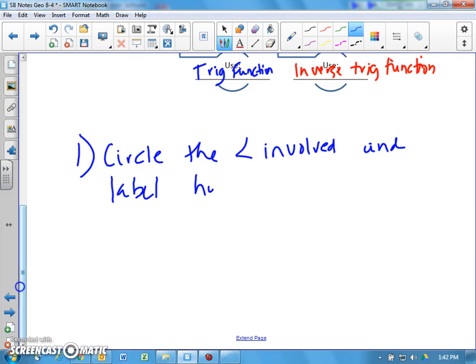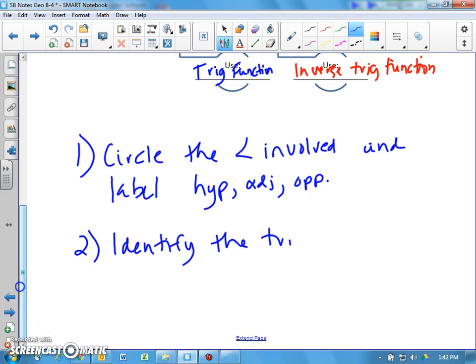So you're going to label your hypotenuse, your adjacent side, and your opposite side. Your next step, once you've done all of your labeling, is to think about what you need. You're going to want to identify the trig function that you're going to use.